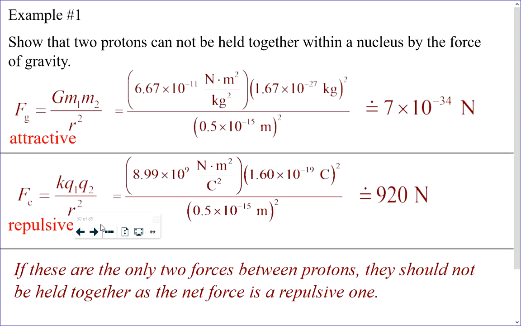And you would take this number of 920 and divide by this number and get approximately 1 times 10 to the 36, I think. Pretty near. 1.1, 1.2 times 10 to the 36.